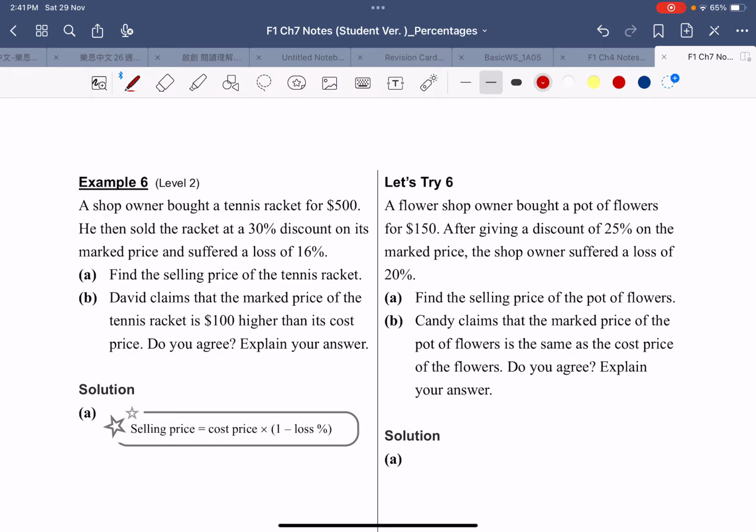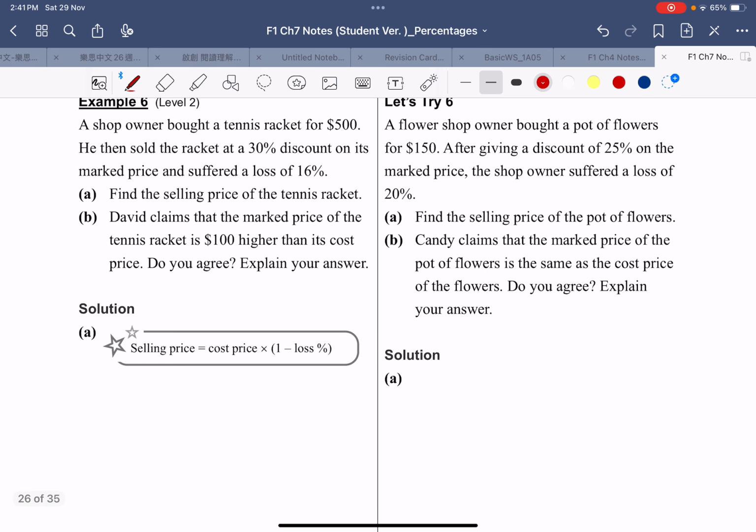Example 6. Okay, use this to calculate the selling price. Look at the questions. This is the cost. This is the loss percent. This is the discount.